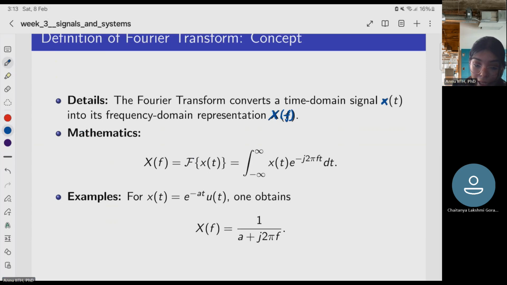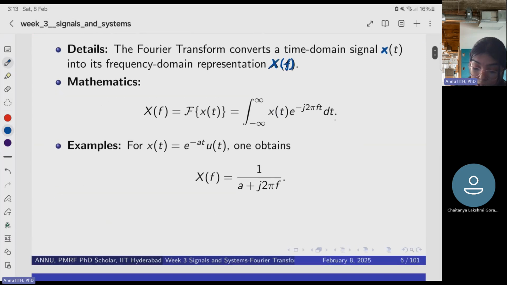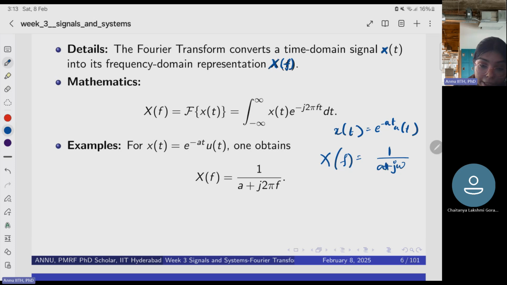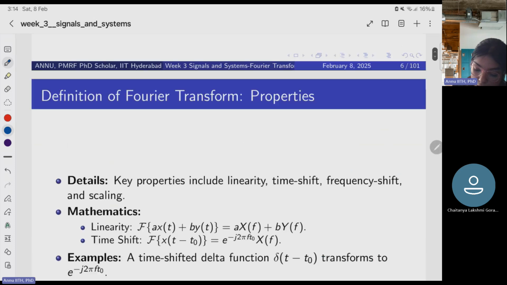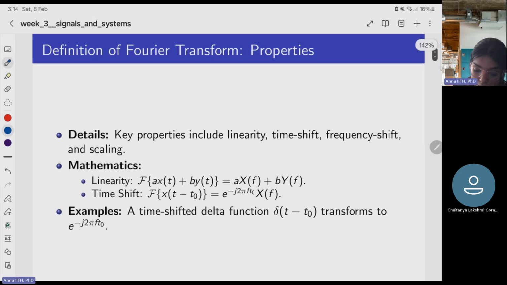If x(t) = e^(-at)u(t), what will be X(f)? It is 1/(a + jω). The Fourier transform of e^(-at)u(t) is 1/(a + jω). Now we will solve this question later.